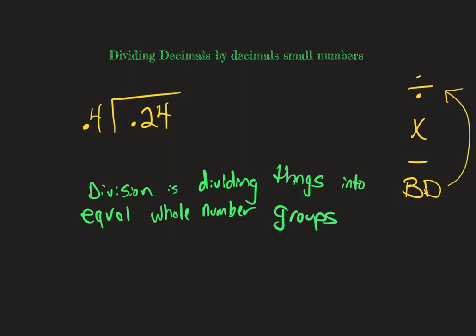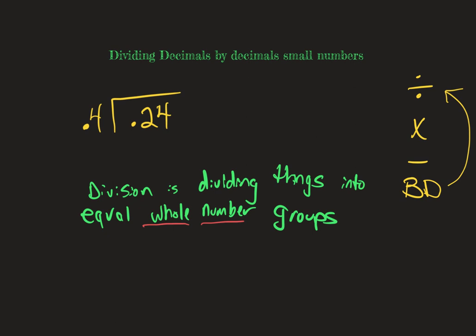Keywords: whole number groups. In this problem, or any problem to where there's a decimal in the divisor, you do not have whole number groups. That is the only way we can do division, is to divide into whole number groups.